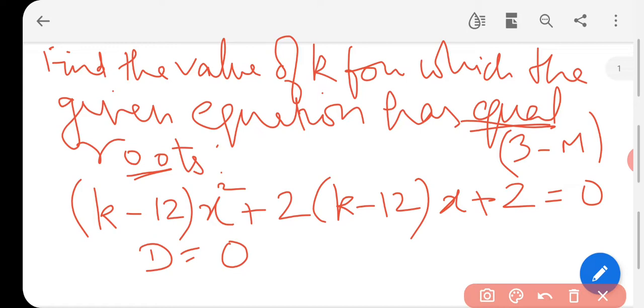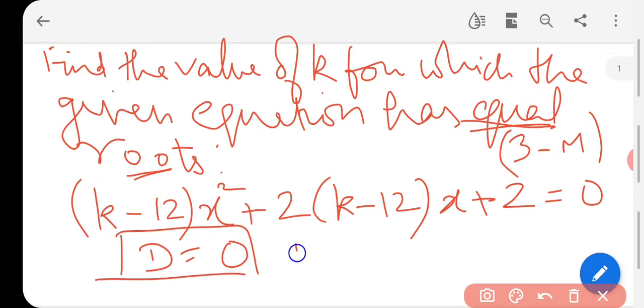And when the roots are distinct, D is greater than 0, roots are real and distinct. But here it is already given that there are equal roots, so for equal roots we have one condition, D is equal to 0.